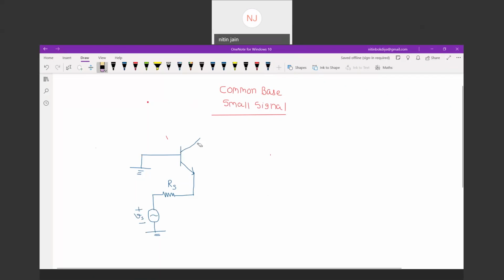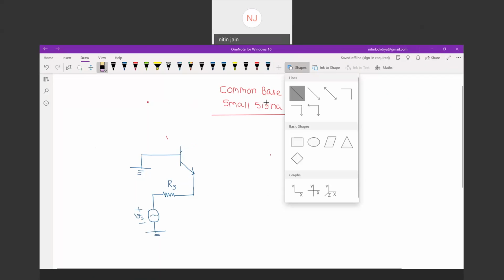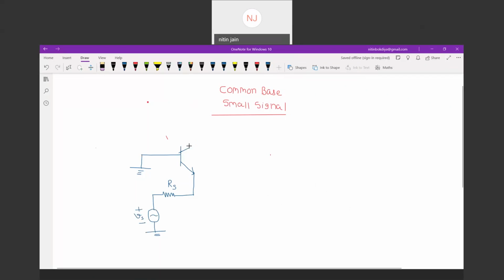Then we are having one collector terminal.